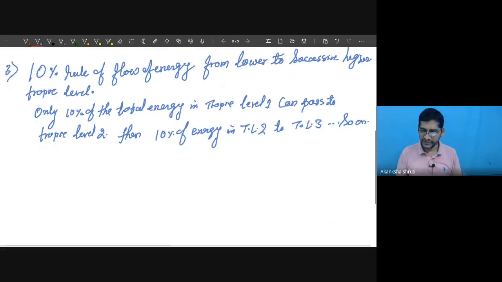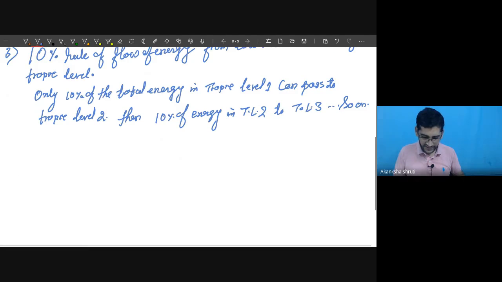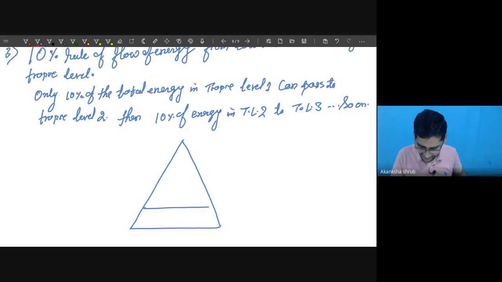Let us once more understand. A student, now you have to tell. Let us consider a figure is given like this. This was asked in your examination. Let us consider 1,000,000 joule of energy in trophic level 1.